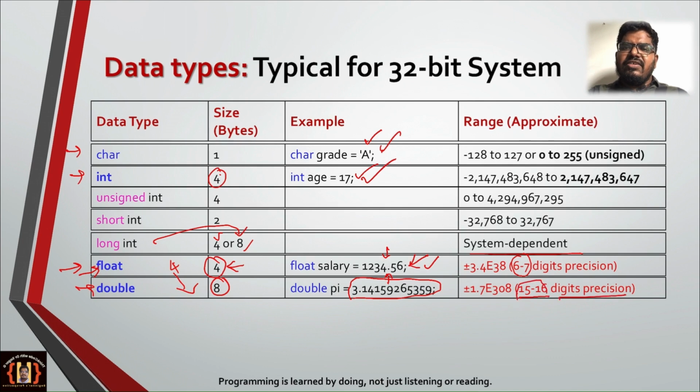As I said, I am going to explain the difference between float and double in a minute with a demo example. What is the meaning of digits of precision? Now understand, both float and double will store values which end with a decimal point, which have a decimal point.